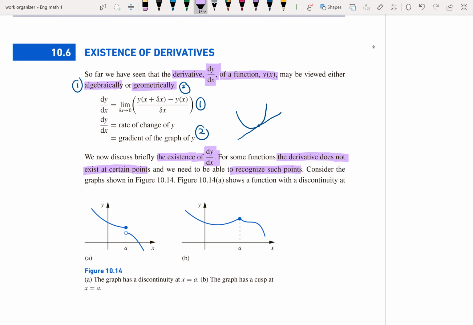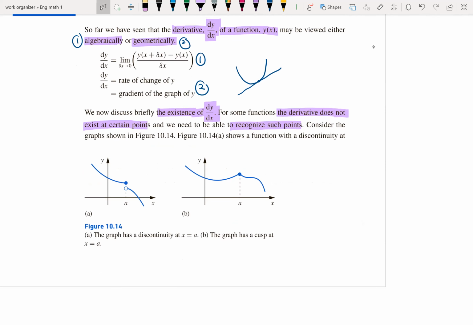For example, in figure 10.14a, we see that... maybe we don't have to say the left hand side, we just have to make sure we can draw a tangent or not.